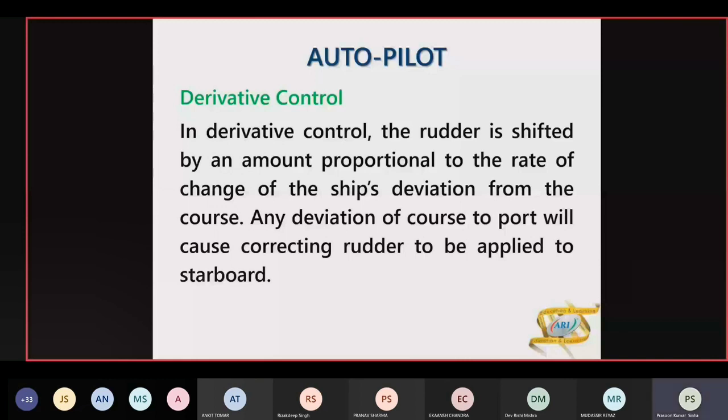The smart thinking of the autopilot is done by those things. Here the rudder is changed not for the difference between the set course and course to steer, but by seeing the behavior of the ship, how the ship is swinging, the rate of swing.